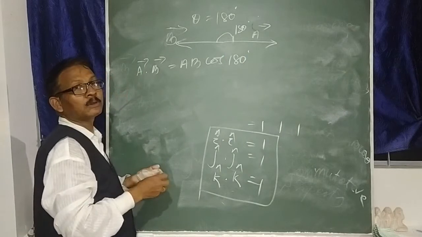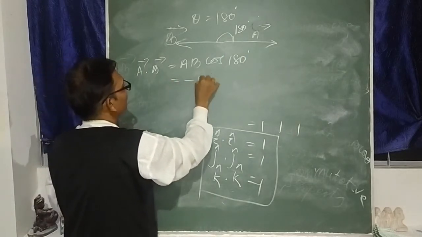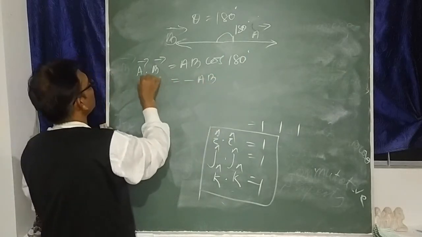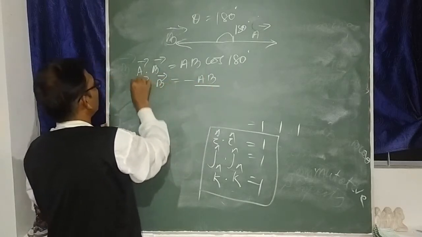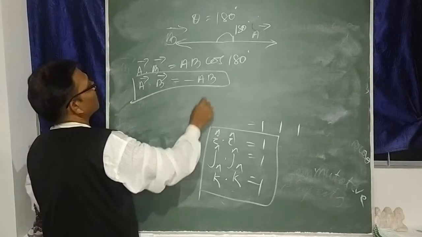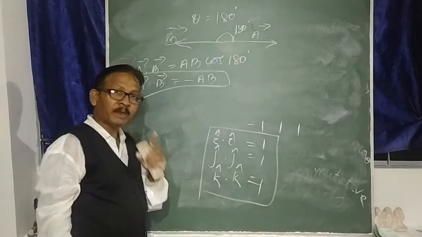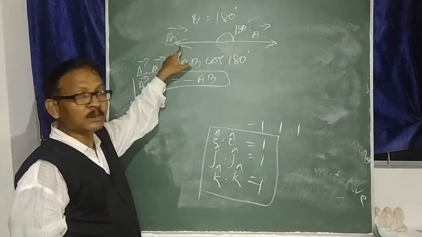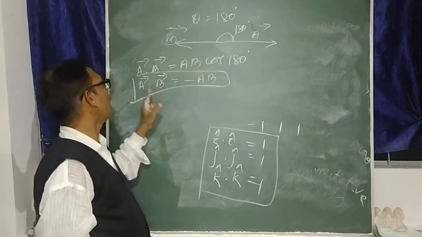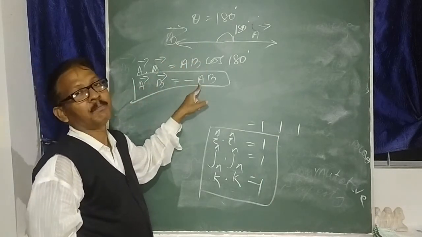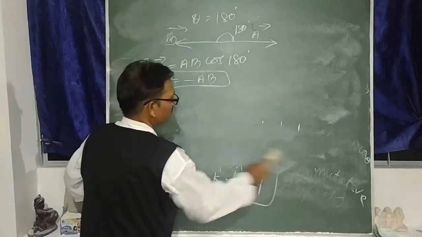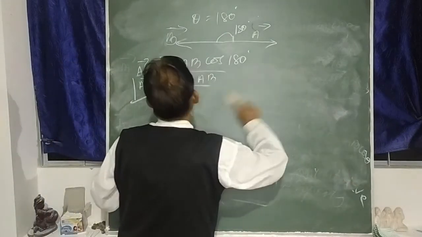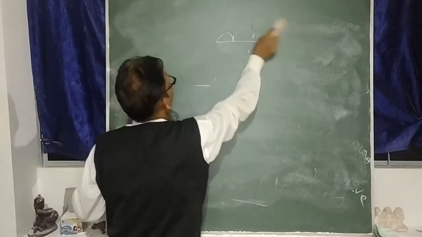Cos 180 you know is equal to minus 1, so A dot B is equal to minus AB. So when two vectors are in opposite direction, the angle is 180 and A dot B is equal to negative of magnitude of A times magnitude of B. This is the dot product of two vectors.